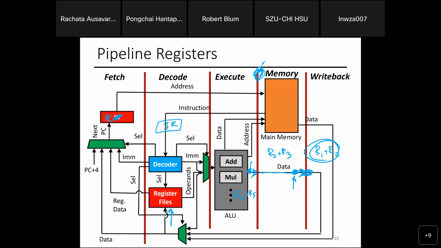When you clock, this instruction is done, gone. The next instruction, which is doing R2 plus R3, will move into the write back. So it's kind of like a queue where you move one step after another, right? The pipeline register acts like a buffer that replaces the old value every time I clock, and for whatever value I'm remembering, I output that value for this cycle.